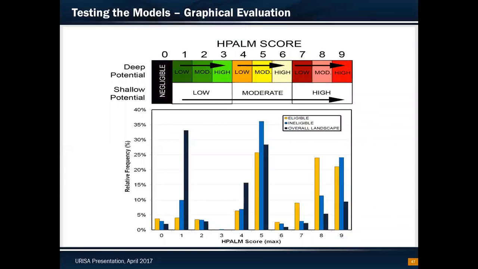Testing the models, my approach is fairly low tech. What I did was compare the model against how sites are being classified by that model, eligible sites and ineligible sites, and the overall landscape. And if the eligible sites are shifted towards the right side of the graph and the overall landscape is shifted towards the left, I'm relatively happy.